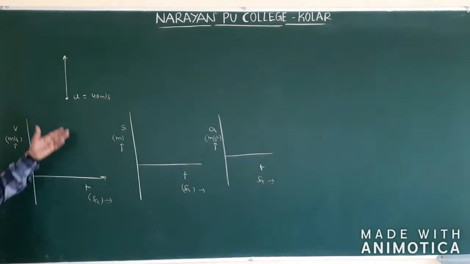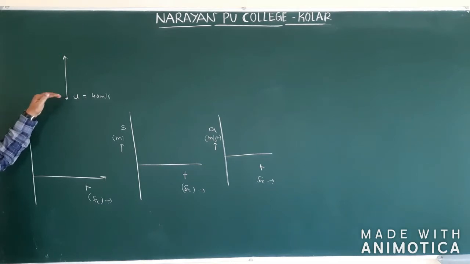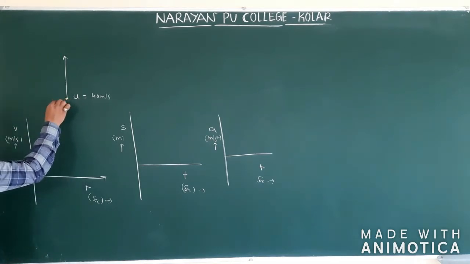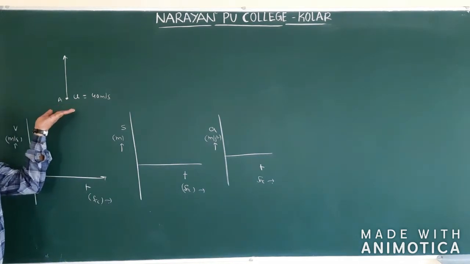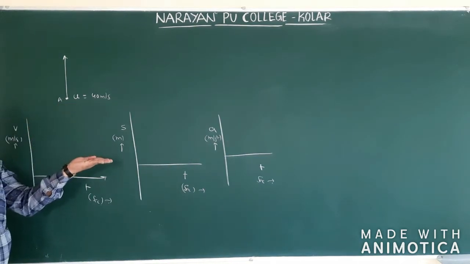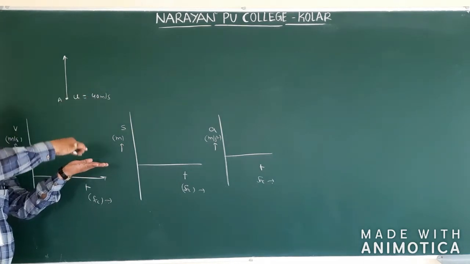Whenever you are throwing an object upwards, the initial velocity is in the upward direction. Therefore, u will be positive. Let us assume we are throwing from point of projection A with velocity 40 meter per second upwards. It goes upwards and again comes downwards.